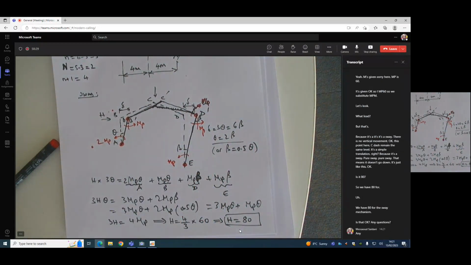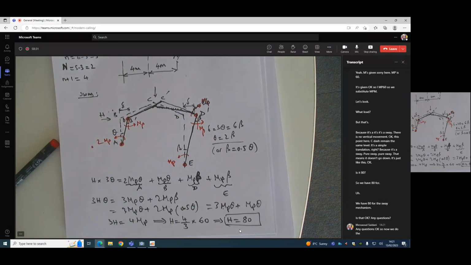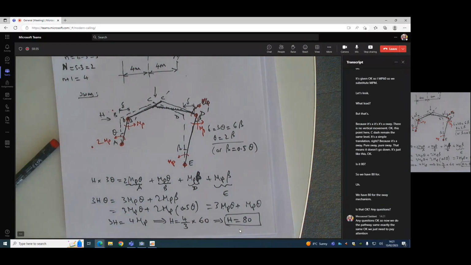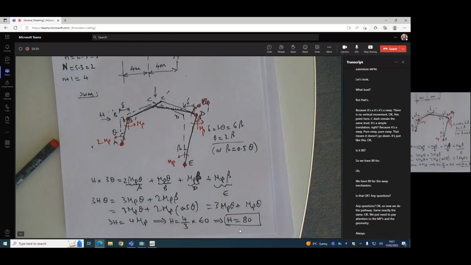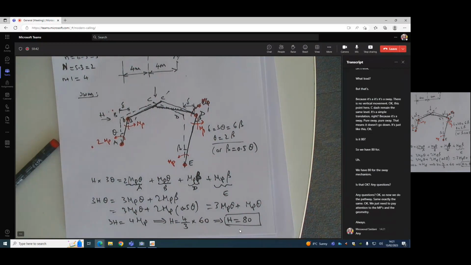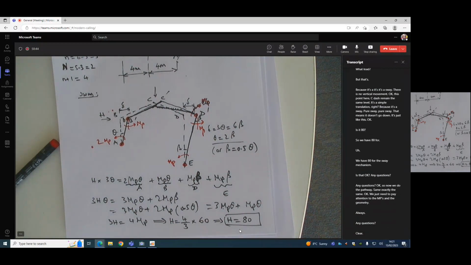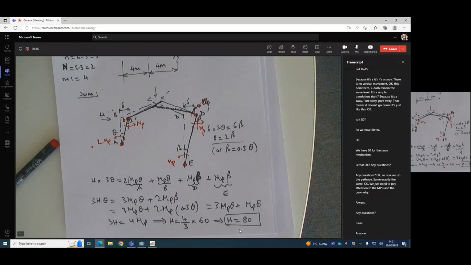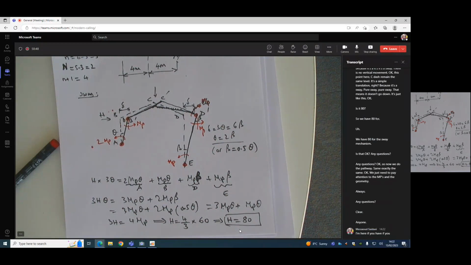Any questions? Okay. So now we do the part sway. Same, exactly the same. You just need to pay attention to the MPs and the geometry, always. Any questions? Clear? Anyone? I'm here. So if you have anything not clear, please let me know.